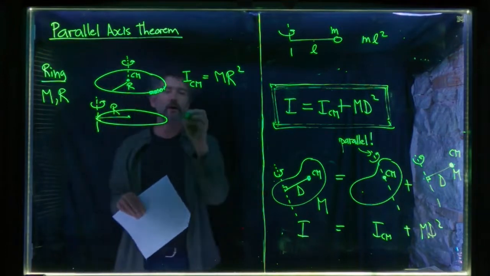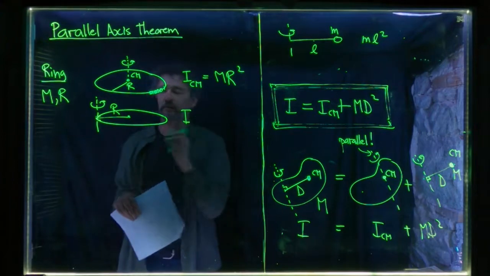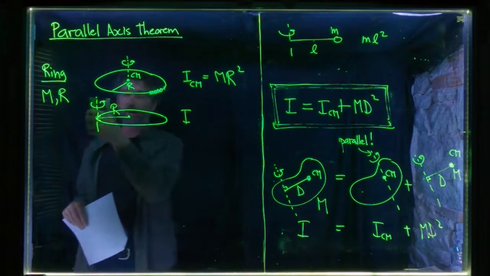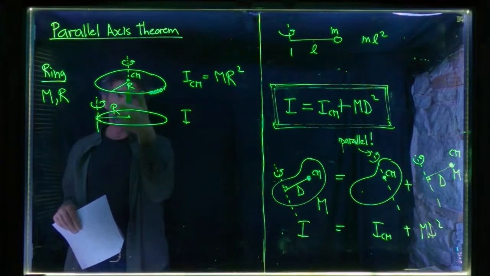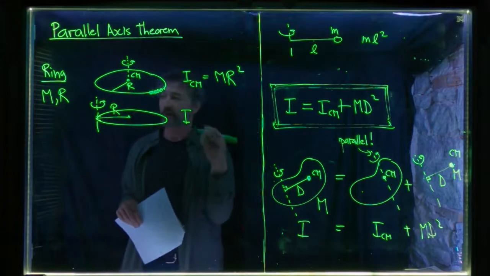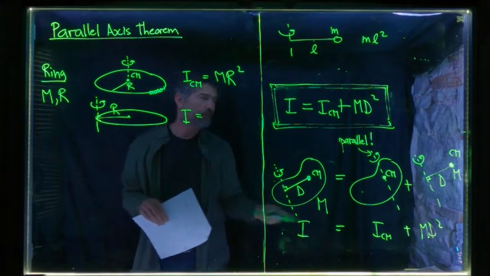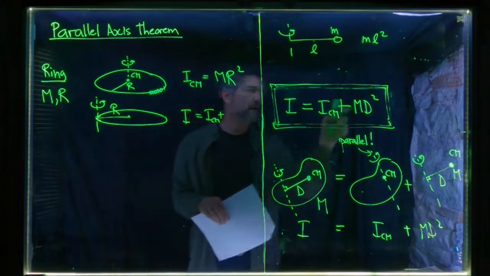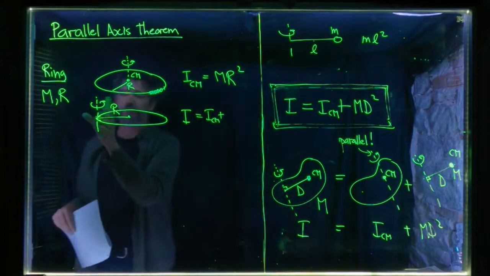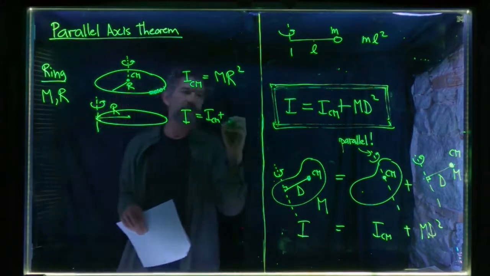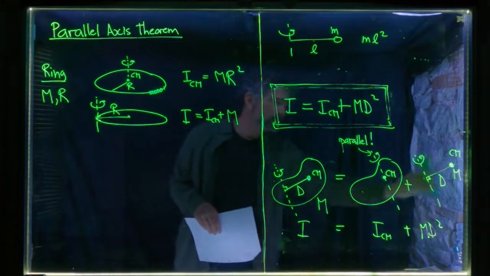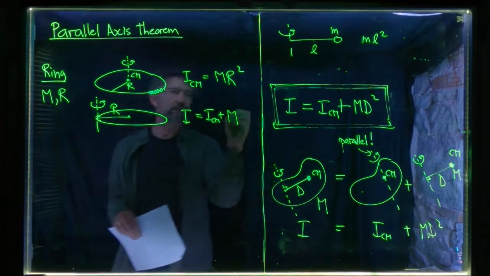So now the moment of inertia for rotating a bicycle tire about a point on the edge of it, around an axis parallel to the original axis passing through the center of mass, we'll just call that I. That's supposed to equal I_CM plus m times d squared. In this case, the total mass of the wheel is m, and the distance that the axis is from the center of mass, that parallel distance d, is just r in this case.